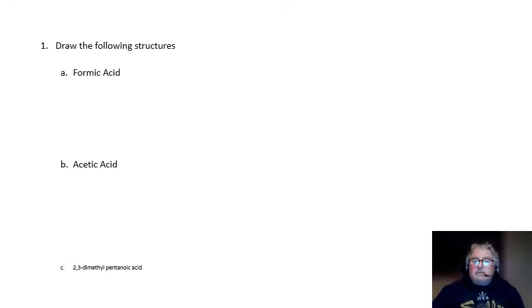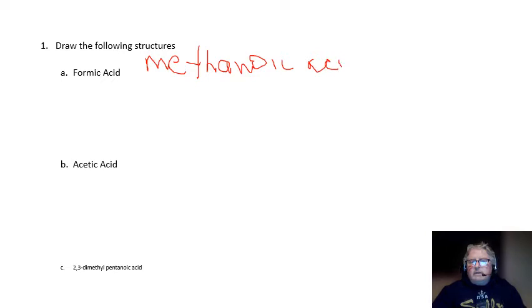Formic acid is the one carbon carboxylic acid. Technically, its name should be methanoic acid, just like methane, but we don't call it that. We call it by its common name, formic acid, and I went over that. So it's simple like this.